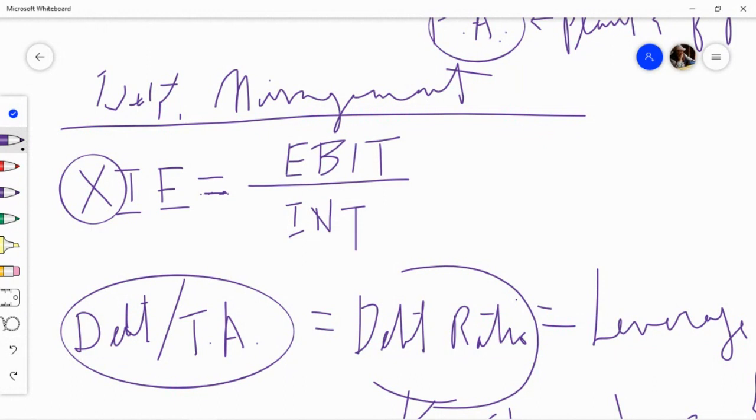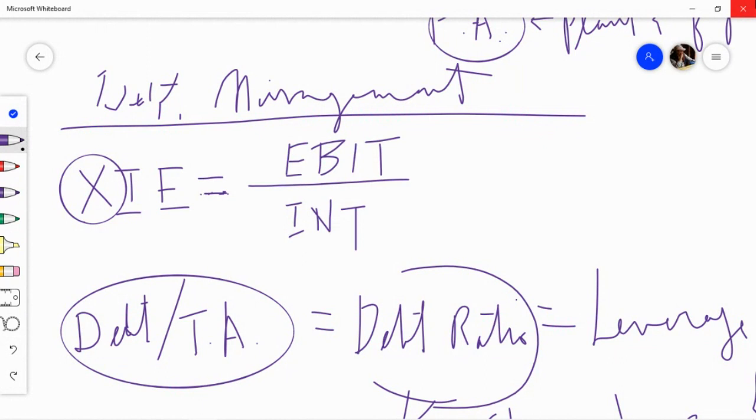And why is it called times interest? When I was a young grad student, as an undergrad I was a liberal arts major, so I had no idea.